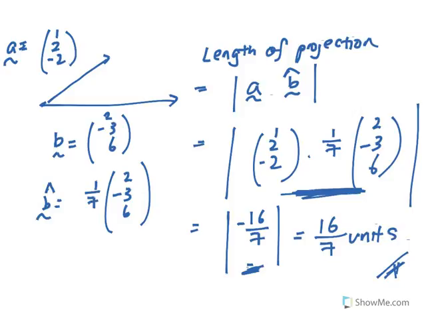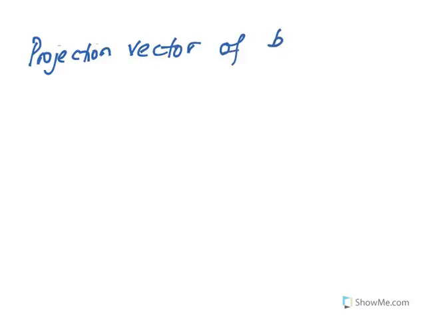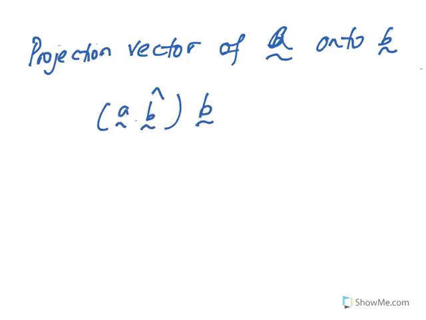Next, we need to find the projection vector. Okay, what's the projection vector? The next portion is to find the projection vector of A onto B, correct? Based on the formula again, you know it's just A dot B hat multiplied with B hat.